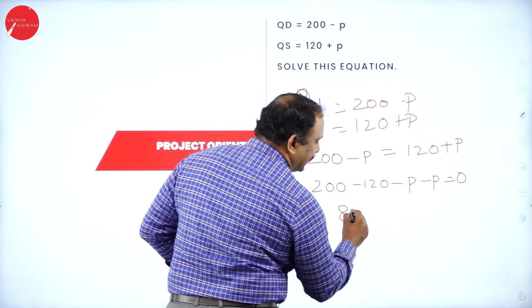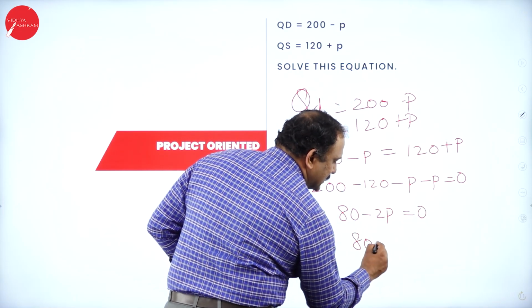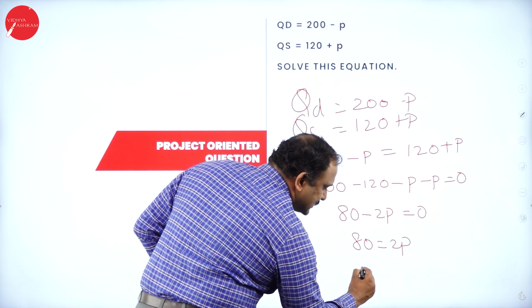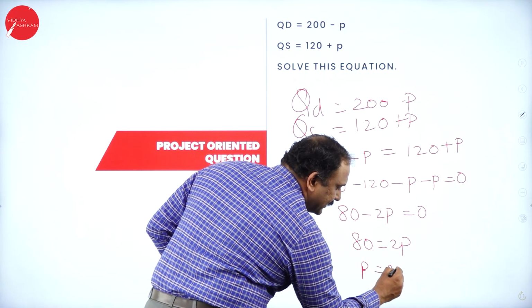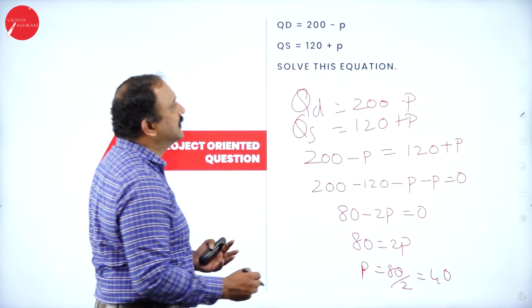So this becomes 80 minus 2P equal to 0. 80 is equal to 2P. P is equal to 80 divided by 2, which is equal to 40. So the price here is 40.